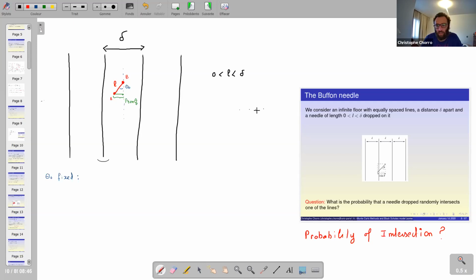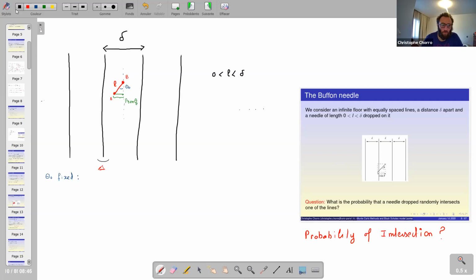Since I have something that is infinite with a needle that is drawn, I can focus only on the intersection of the needle and this line that I call delta, because I have a symmetry in my problem.